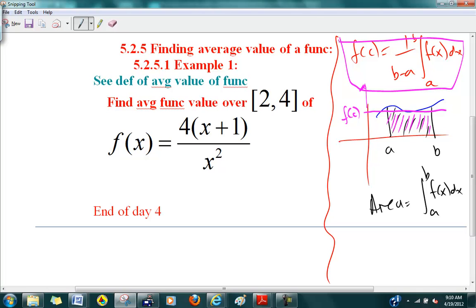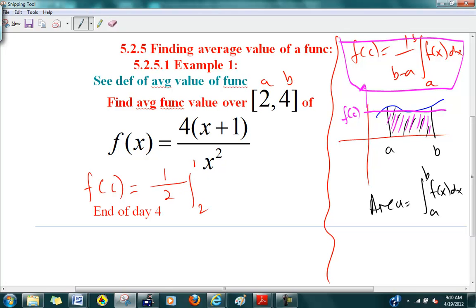Okay, so I want to find the average value of f of x, given that f of x. So I'm going to plug in that formula that Stephanie just recited. So f of c is going to be 1 over b minus a. So what's a first? What's a? 2. What's b? 4. What's b minus a? 2.